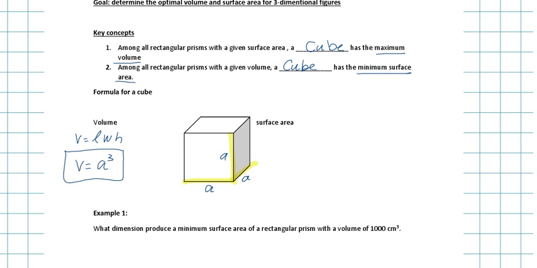Now, can you look at the surface area of a rectangular prism? So what is the surface area? If you're talking about a regular prism, this is L, this is W, this is H. So it would be 2 times LH, LW, and WH, right?